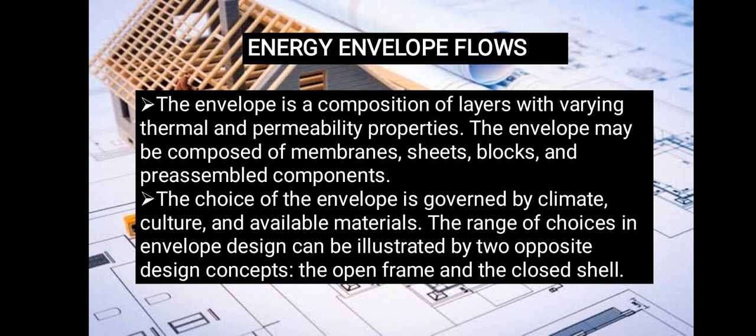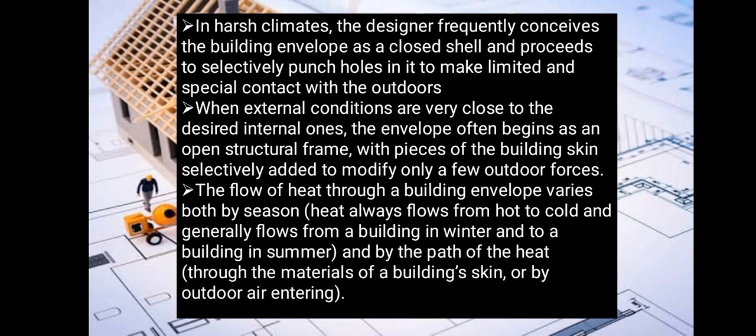The range of choices in envelope design can be illustrated by two opposite designs, the open frame and the closed shell. In harsh climates, the designer frequently conceives the building envelope as a closed shell and proceeds to selectively punch holes in it to make limited and special contact with the outdoors.